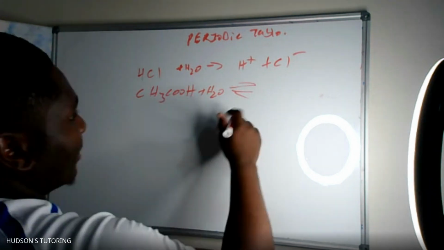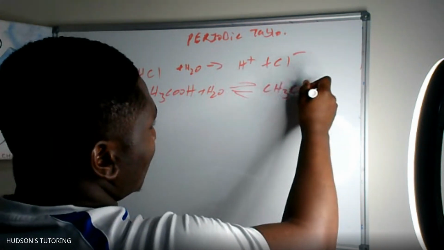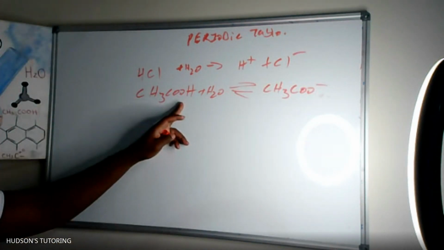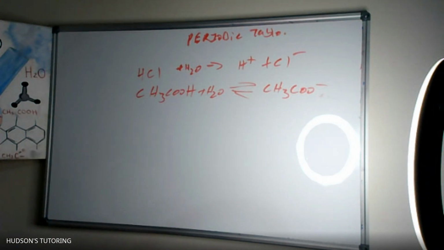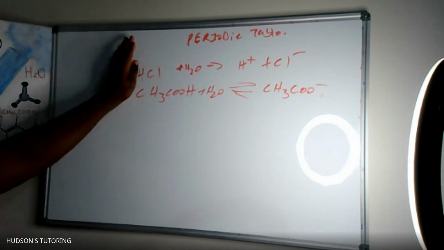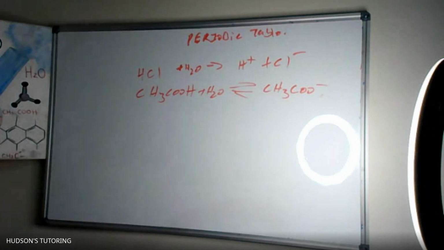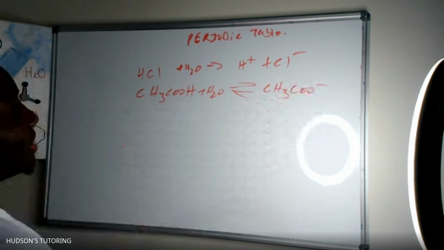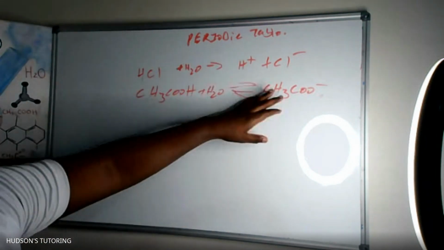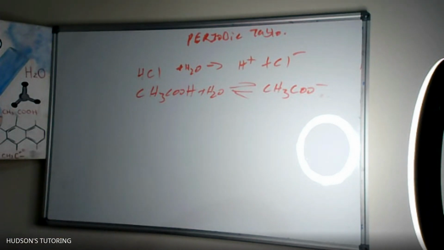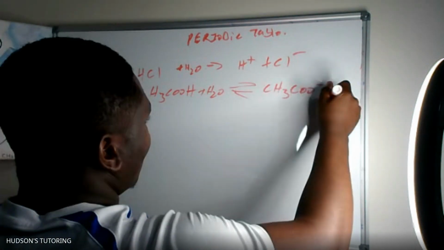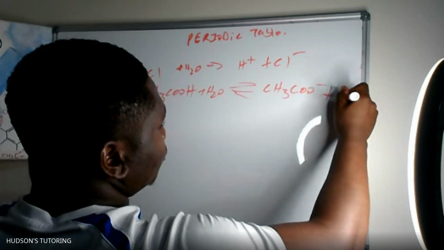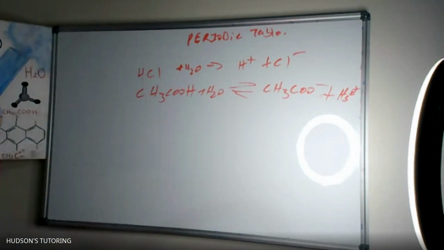So this is gonna form an ethanoate ion. But remember that an acid is a proton donor. So what you realize happening each time is hydrogen is removed, and it forms what is known as a conjugate base. You don't need to know about conjugate base pairs as yet at this level. So it forms this species we saw, and H plus ions, right? That's pretty much it for acids.